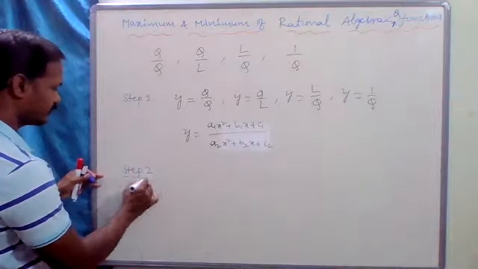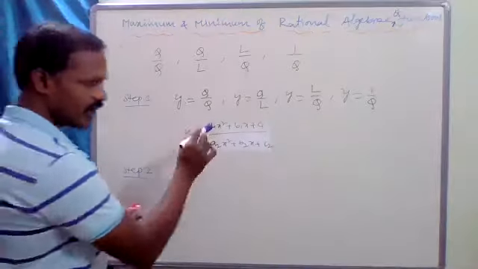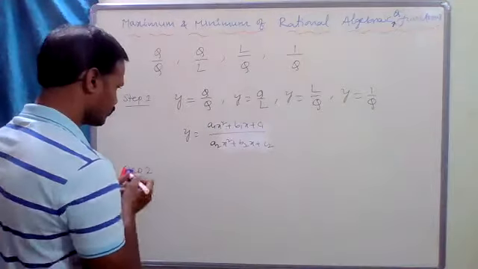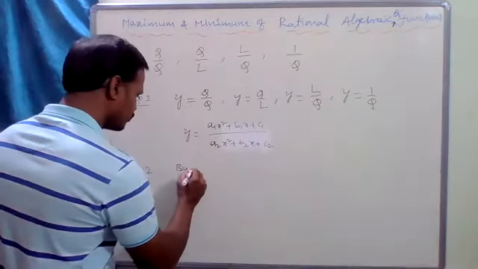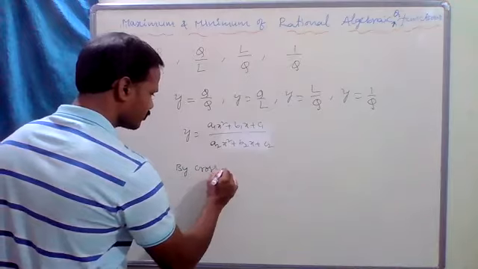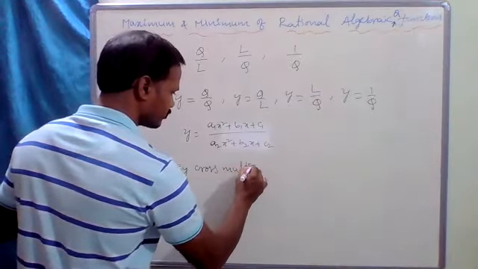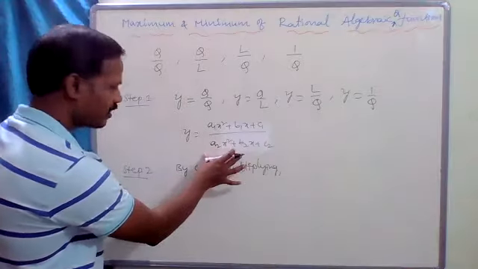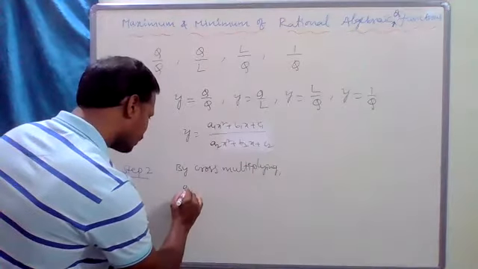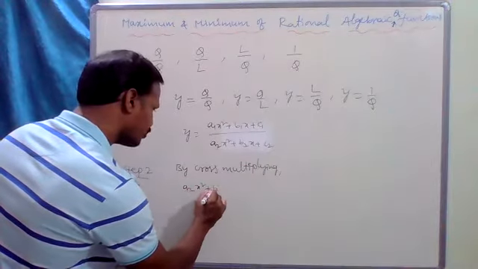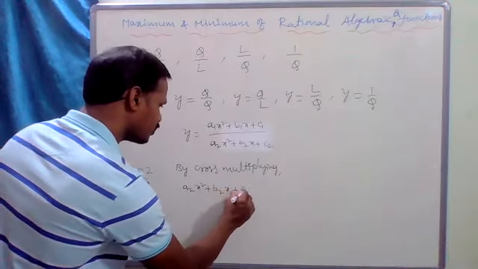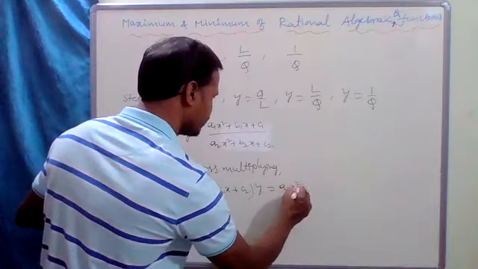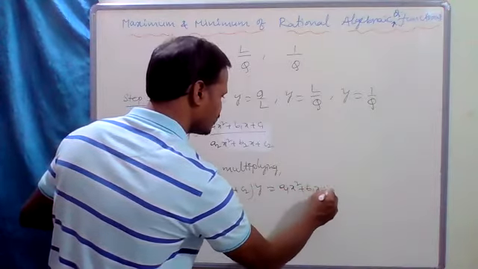Okay, second step, cross multiply. By cross multiplying, what you will get? This is a2x square plus b2x plus c2 into y equal to a1x square plus b1x plus c1.